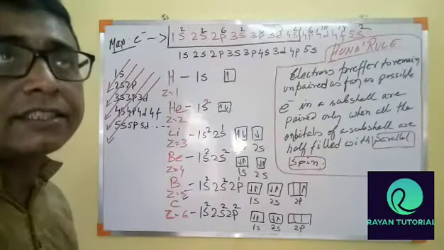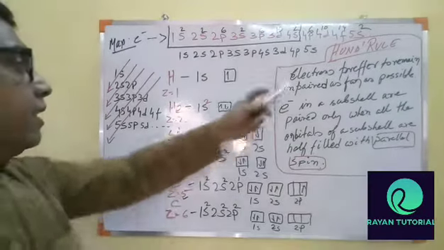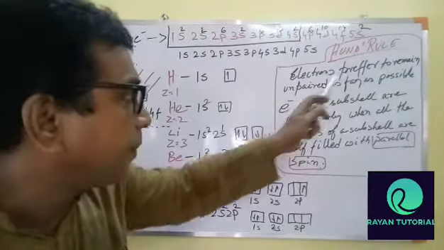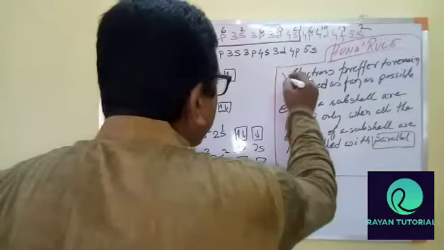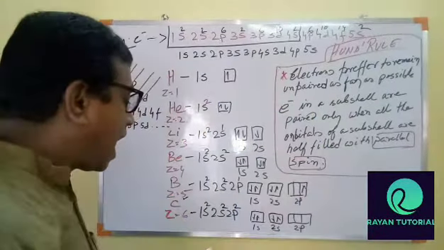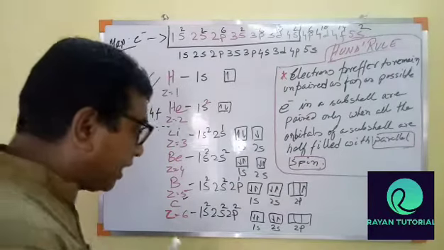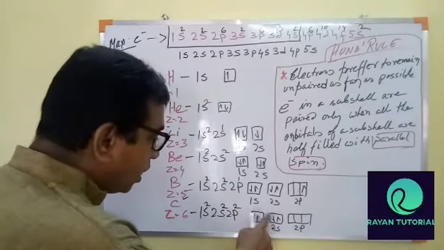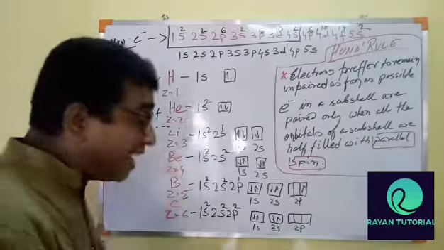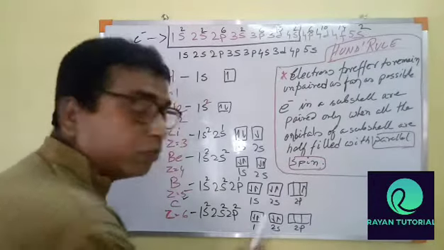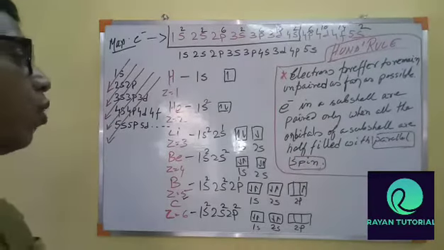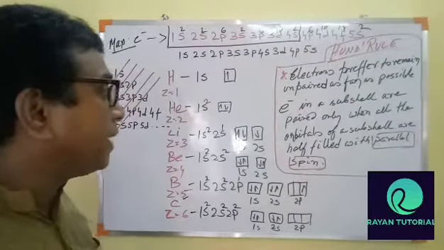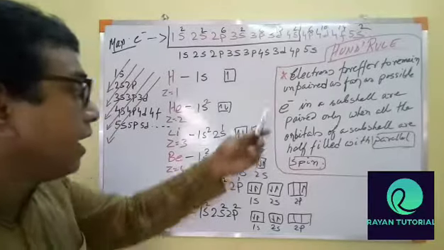So what does Hund say? Hund's rule states that electrons prefer to remain unpaired as far as possible. Number one: when I am getting two electrons here, these two electrons will never occupy one room. Clear? They will never occupy one room. So how will they stay?